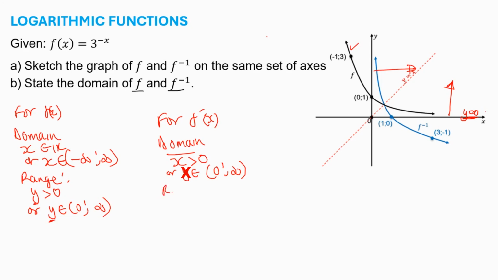And then your range, now where there's x here, you put y. So the range now, we're looking at the y values, is from negative infinity to infinity. Okay, so the range y is an element of real numbers, or you can say y is from negative infinity to infinity.